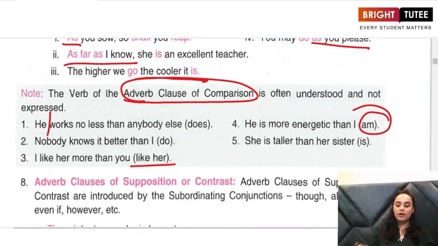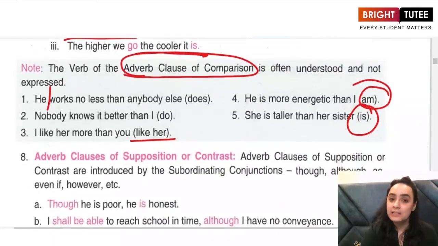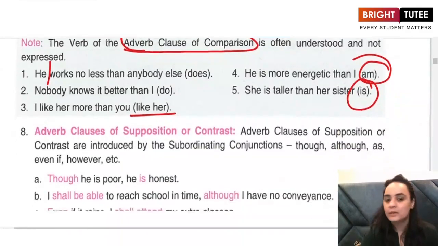She is taller than her sister. So even if I don't write, she is taller than her sister is, I can easily skip is. So, even if we don't write the verb in the adverb clause of comparison of degree, that will not make much of a difference.